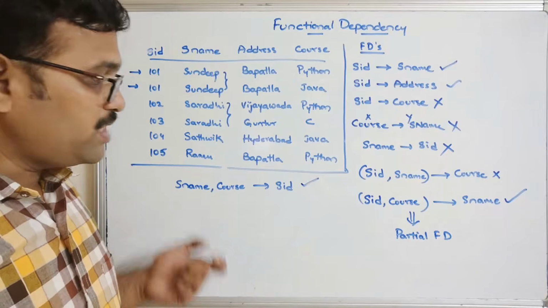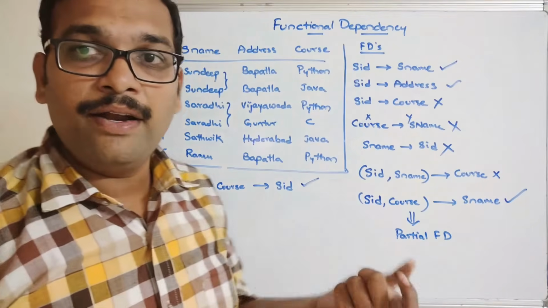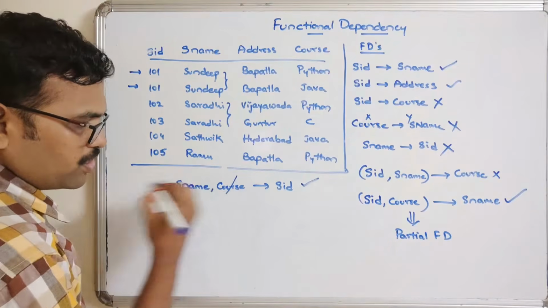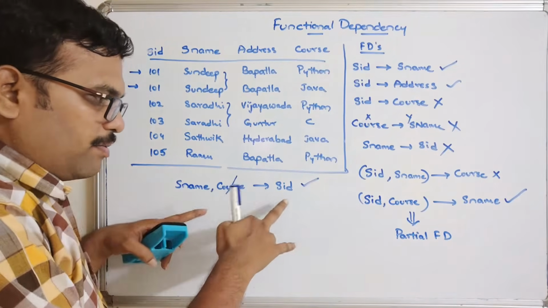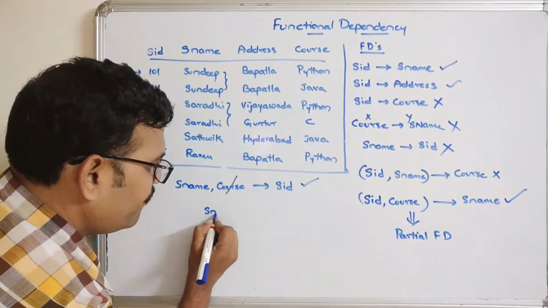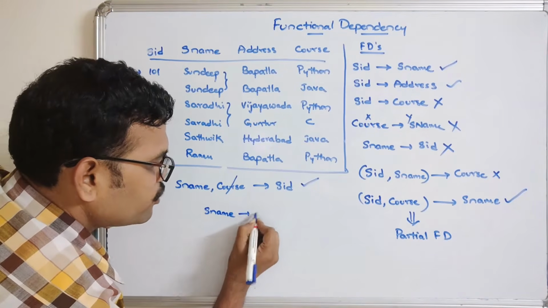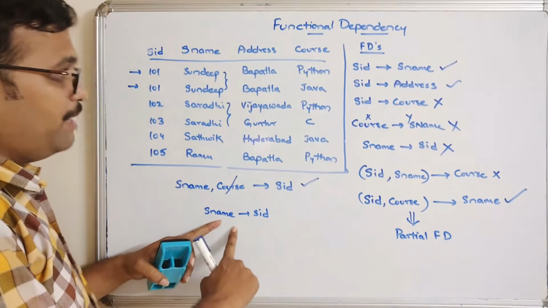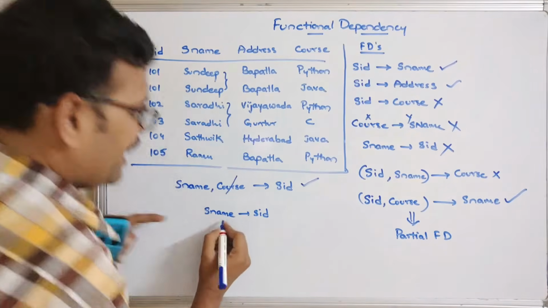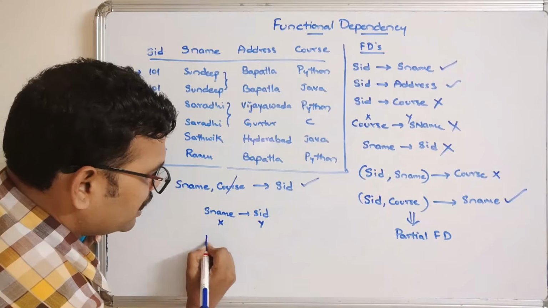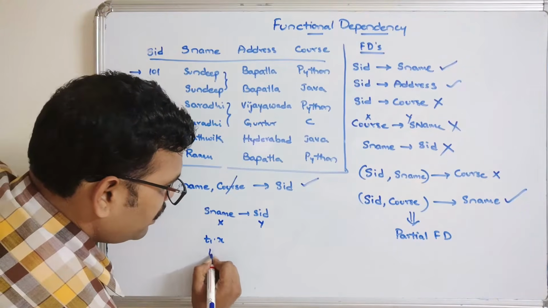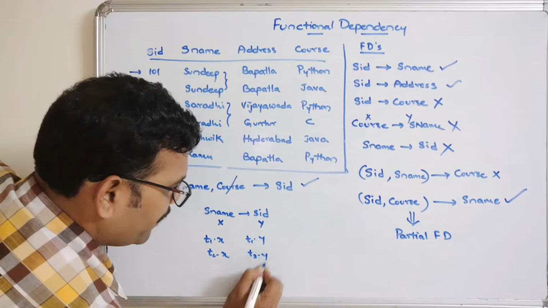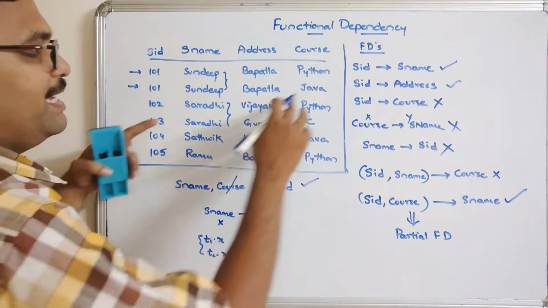But we have to check whether it is a partial functional dependency or a full functional dependency. For example, remove this course. So if the dependency S name tends to SID, if SID is functionally dependent on S name, you can observe now. This is the X value and this is the Y value. So T1 of X, T2 of X, T1 of Y, T2 of Y. What is the T1 of X here?